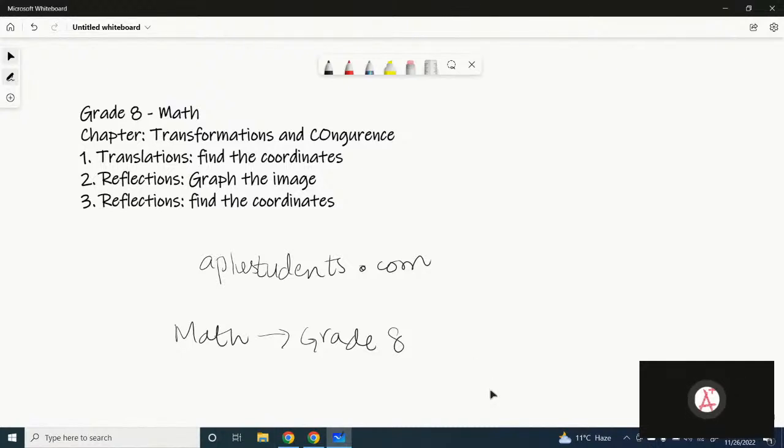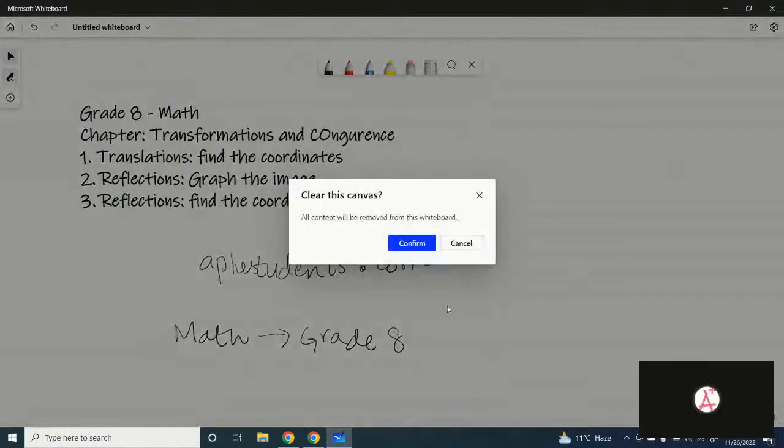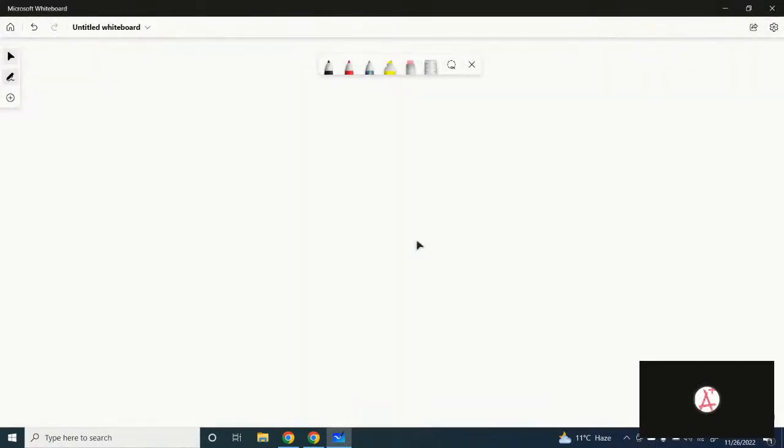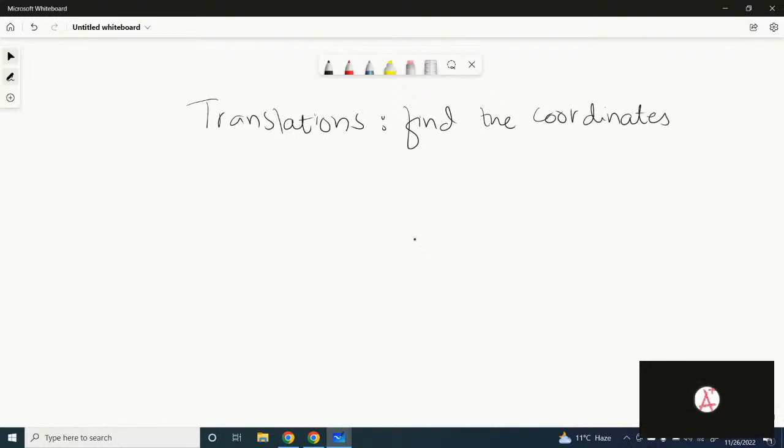Let's start with the very first topic, that is translations, find the coordinates. Let me write down the lesson name, translations, find the coordinates.